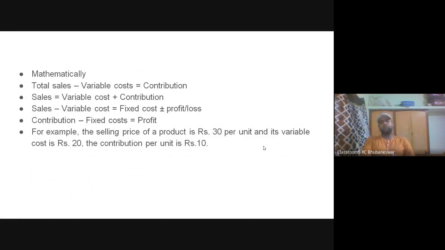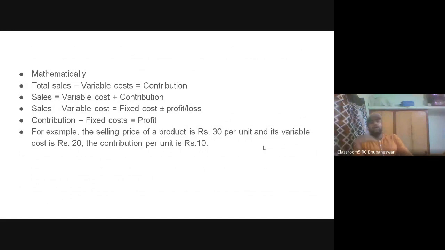Sales is equal to variable cost plus contribution. तो वेरिएबल कॉस्ट सेल्स से डिडक्ट करने के बाद हमें मिलता है कंट्रीब्यूशन, या हम कंट्रीब्यूशन में अगर वेरिएबल कॉस्ट ऐड कर देते हैं साइड चेंज करके, ओके, तो हमें टोटल सेल्स मिल जाता है. उसके बाद अगर हम फिर से वेरिएबल कॉस्ट और सेल्स के साथ कंट्रीब्यूशन को कंपेयर करते हैं, कंट्रीब्यूशन के अंदर क्या क्या आ गया, फिक्स्ड कॉस्ट, और उसमें हम प्रॉफिट ऐड कर सकते हैं या लॉस डिडक्ट कर सकते हैं. तो फिक्स्ड कॉस्ट प्लस माइनस प्रॉफिट और लॉस इज इक्वल टू सेल्स माइनस वेरिएबल कॉस्ट. सो ये हो गया एक इक्वेशन.